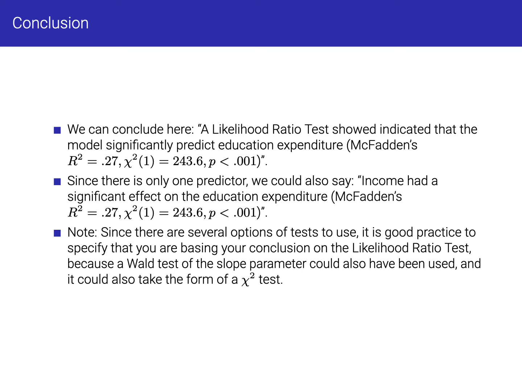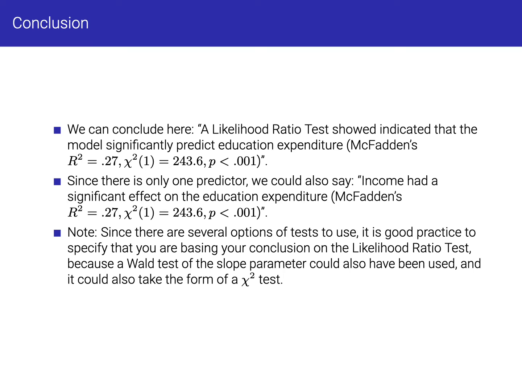In general, what's important to note, and this is true of all generalized linear models that are not the particular case of linear models, is that Wald tests are only asymptotically equivalent to likelihood ratio tests. Likelihood ratio tests take the shape most frequently of chi-square tests.